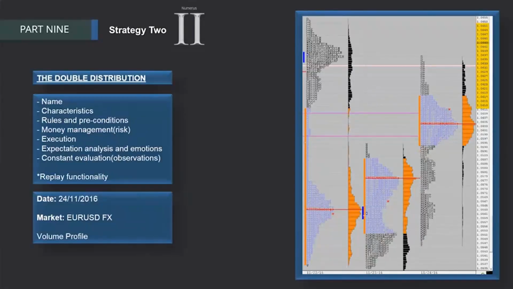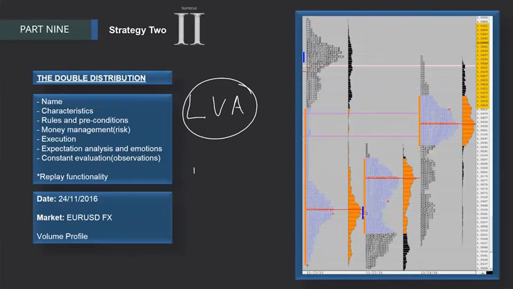We're now going to discuss strategy number 2, the double distribution, which is the second of our anomaly strategies. The important thing to understand is to cast your mind back to when we spoke about strategy 1, and this was all about the low volume area.